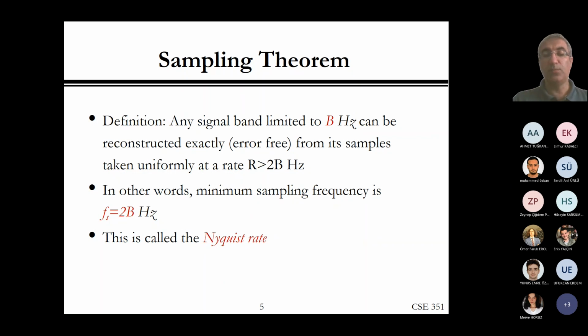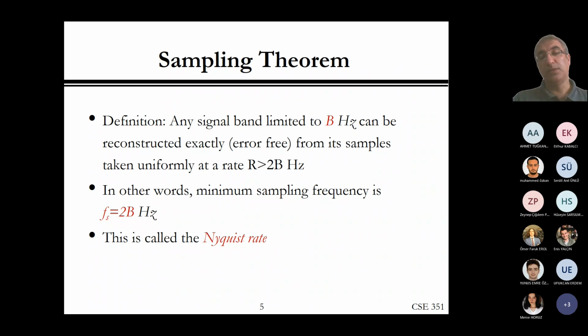So that's why it's really important at the transmitter side, at the sender side, at which rate you are sampling, because this is going to affect the reconstruction mechanism at the receiver side.